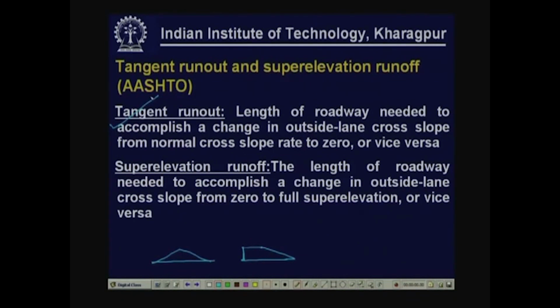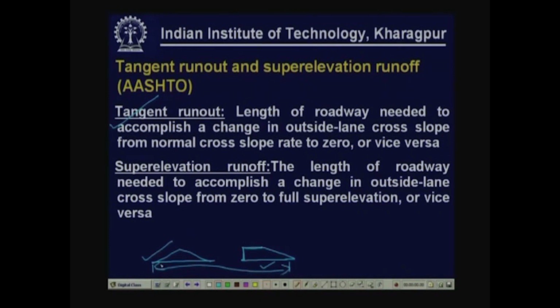Tangent runout is the length of roadway needed to accomplish a change in outside lane cross slope from normal cross slope, as indicated here, to 0. This is the cross slope where the outer edge is flat. So, the slope is 0.